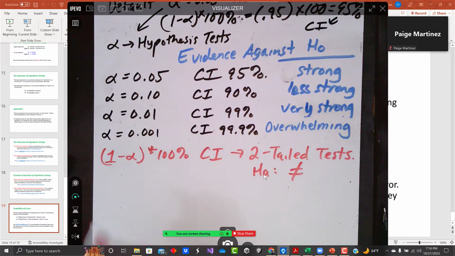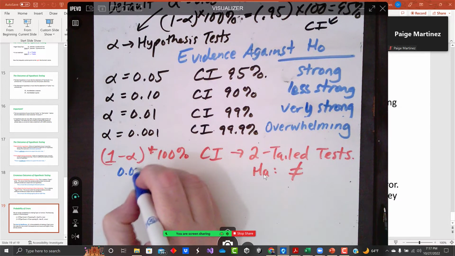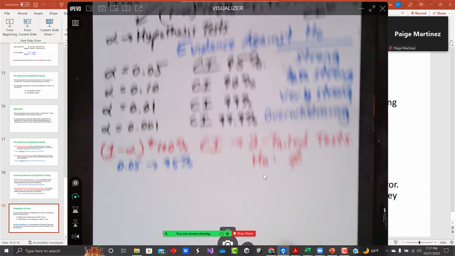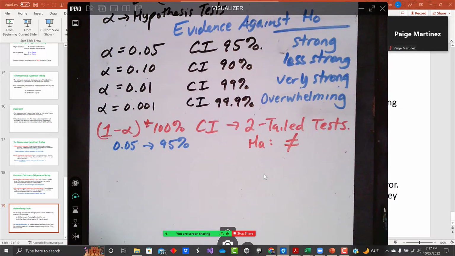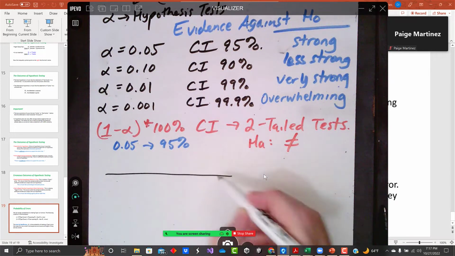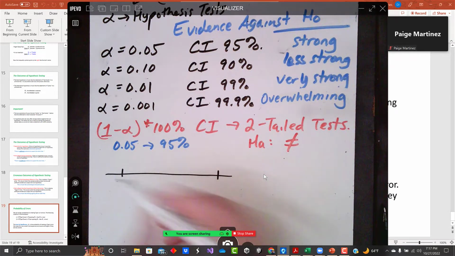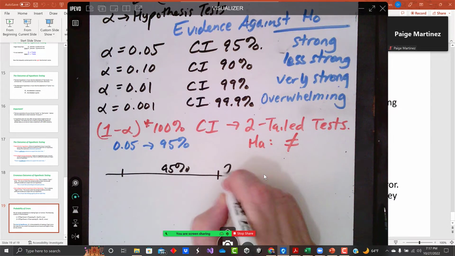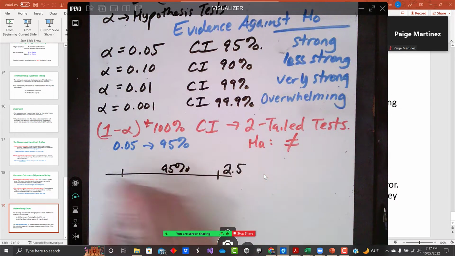So if we had alpha equals 0.05, and we're getting a 95% confidence interval, in terms of the confidence interval, we have 95% here. There's 2.5% left on either side.